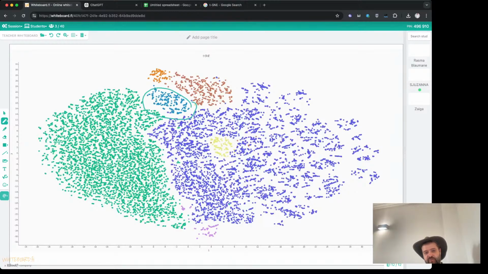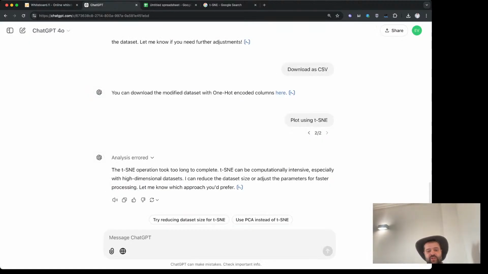For example, these are shampoos and these are toothbrushes, and you might discover that people who buy shampoos also buy toothbrushes. You would not be able to discover this if you don't process your data correctly. You see it says the operation took too long to complete, so let's leave it at that.